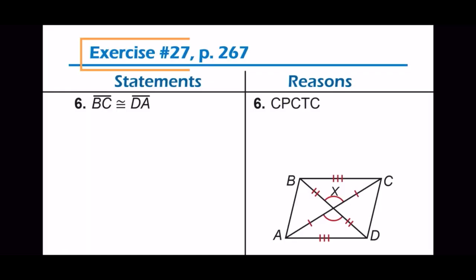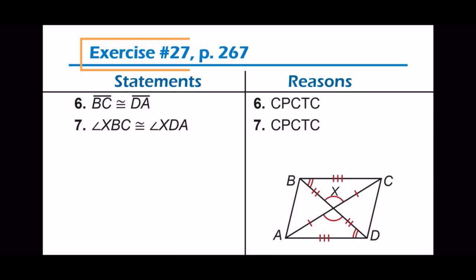Now remember where we're going with this. We need one pair of opposite sides to be congruent and parallel. Now we have this pair of opposite sides congruent. Next, we need to show that they are parallel. So our seventh statement will be to identify another pair of congruent parts, and this time angles XBC and XDA.